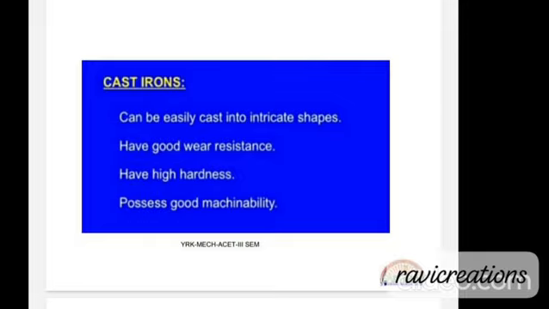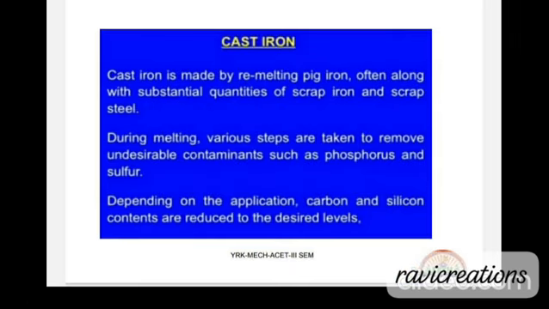Generally, during the melting of cast iron, various steps are taken to remove undesirable contaminants such as phosphorus and sulfur. Depending upon the application, the carbon and silicon contents are reduced to the desired levels.